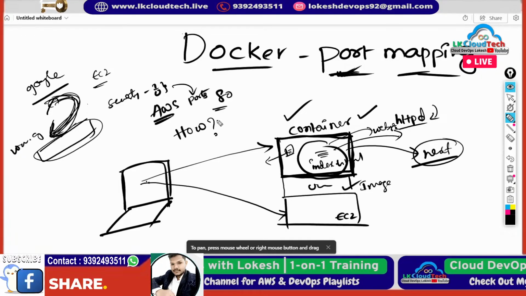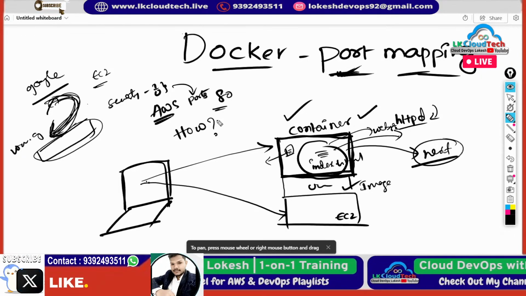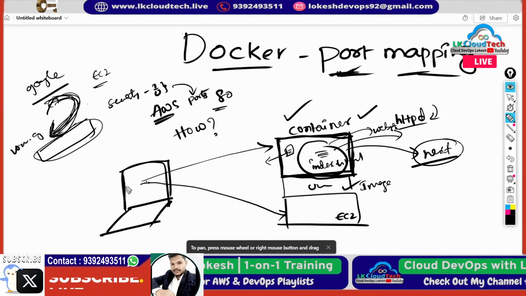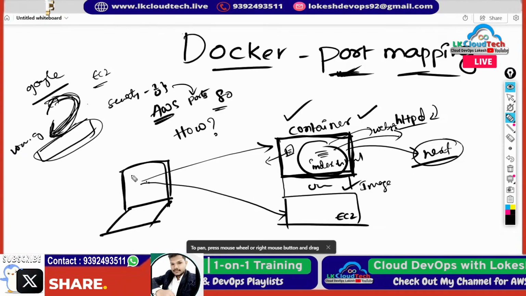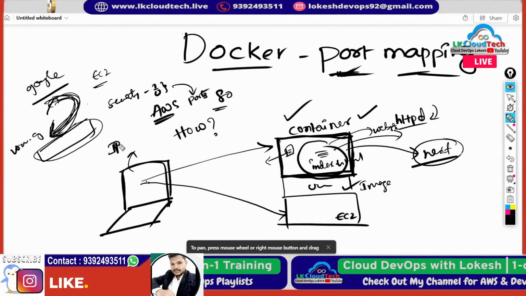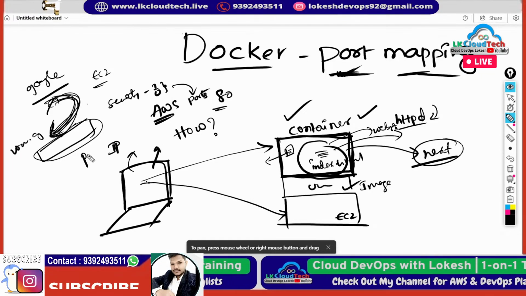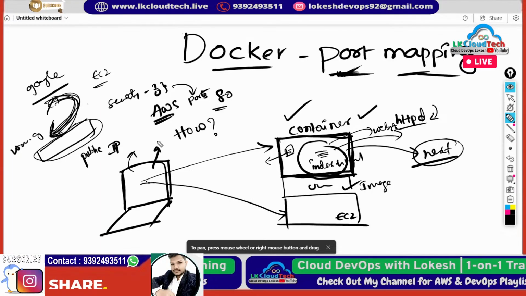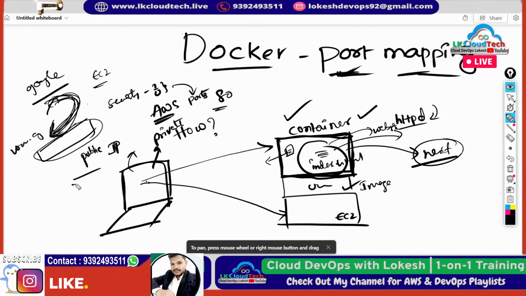If the container has an IP address, using that IP address we can directly connect, right? Basically, in general, every laptop has IP addresses, correct? Exactly. And we have two different types of IPs: one is public IP, the other is private IP. What does a public IP do?